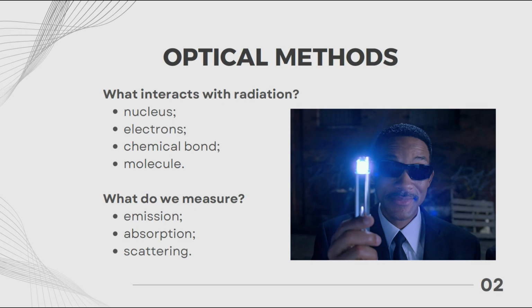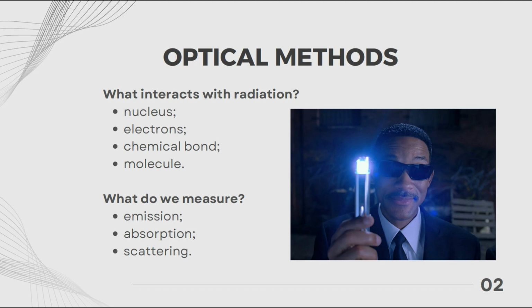You may measure either emission of the radiation, so when your analyte gives energy back, or you may follow absorption, so when the analyte consumes energy and you follow the changes in absorbed energy. The third variant is scattering and some other effects.